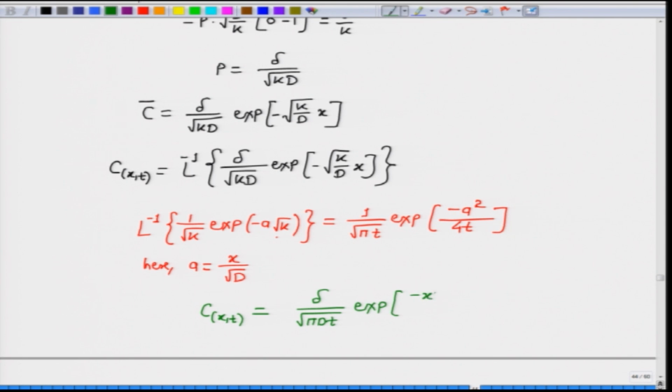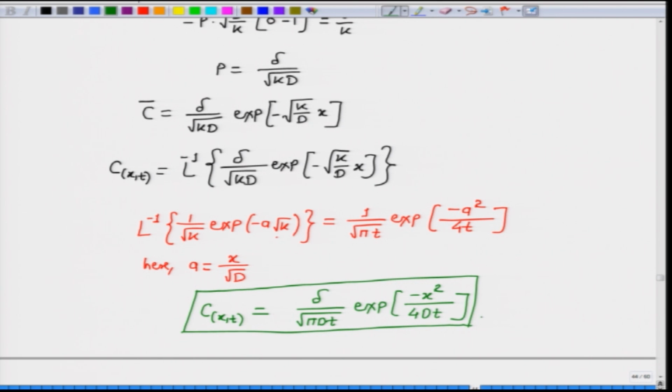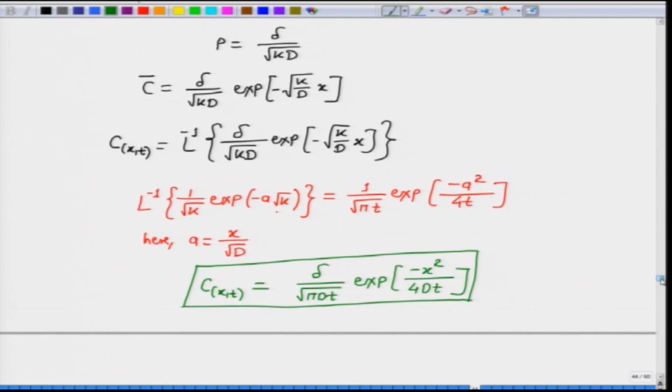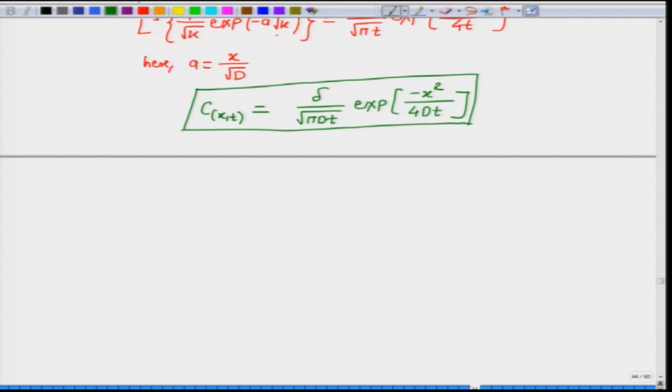So, it will be minus x square by 4 d t, and so this is the solution for the diffusion equation for instantaneous planar source condition. So, this is an important solution. As I said, it is very important during the doping of semiconductors, right. That is where we need to refer to this solution.